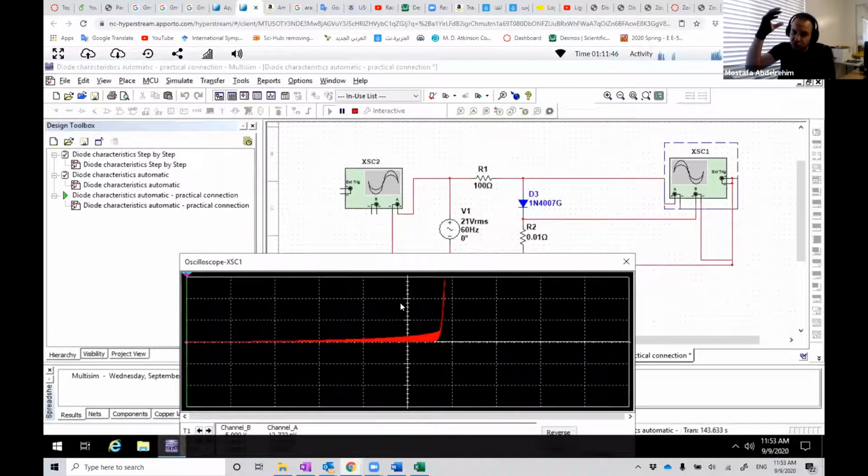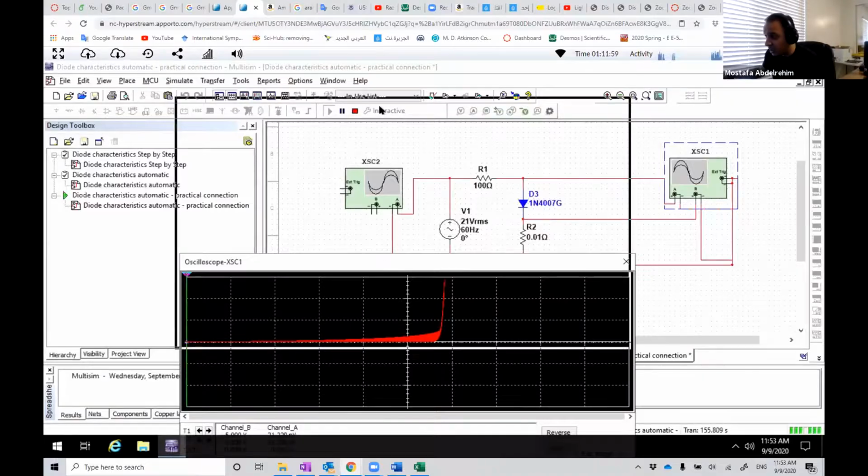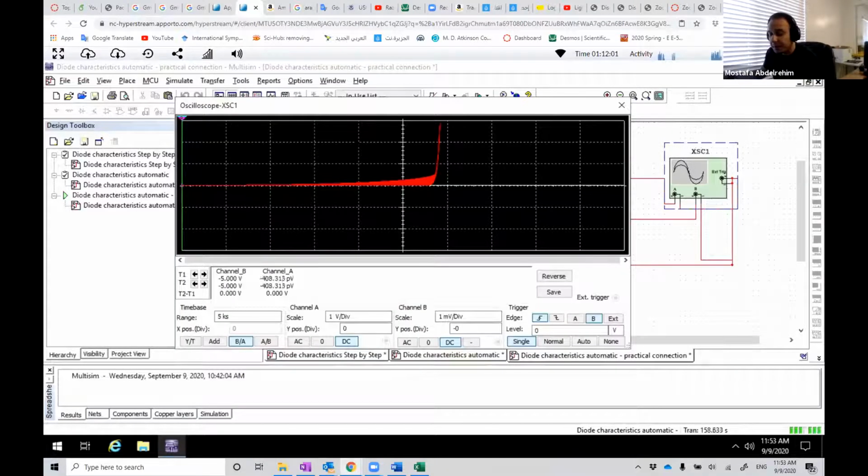Voltage over resistor equals the current of R2, and the resistor is 0.01 ohm. So be careful with this observation and try to redo the same stuff we did in the previous experiment number 2. Whenever you get a number, just publish it on the chat.